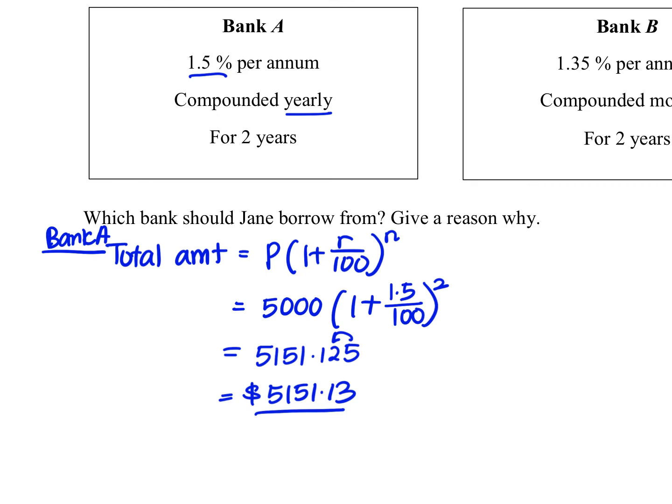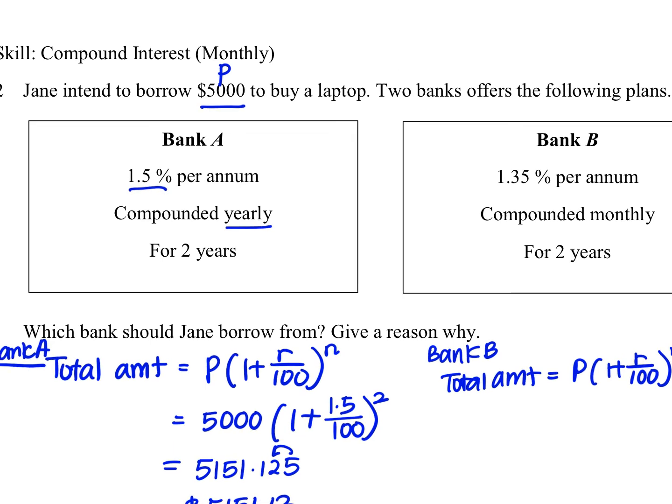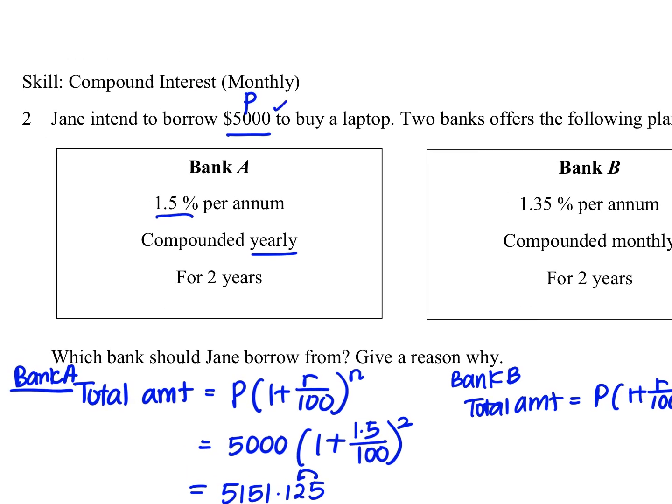Now let's take a look at Bank B. For Bank B, I'll need to find my total amount, which is equals to P bracket 1 plus R over 100 to the power of N. What is my principal amount? The amount of money that I've borrowed is still 5,000.